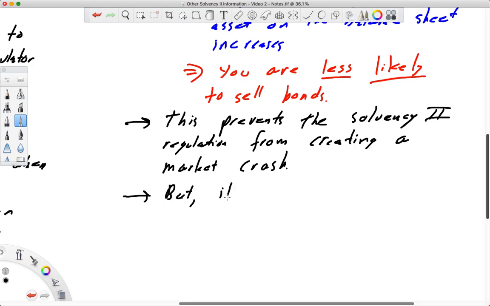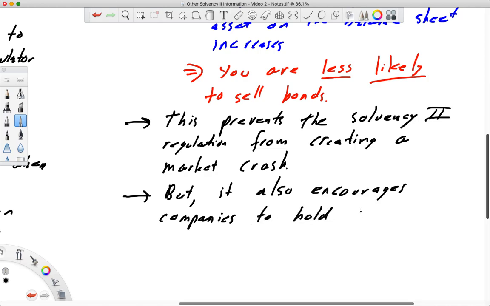But it also encourages companies to hold riskier assets.